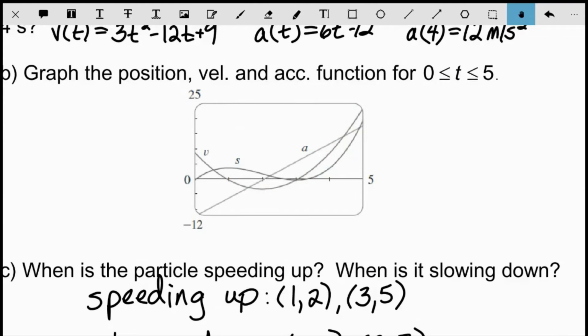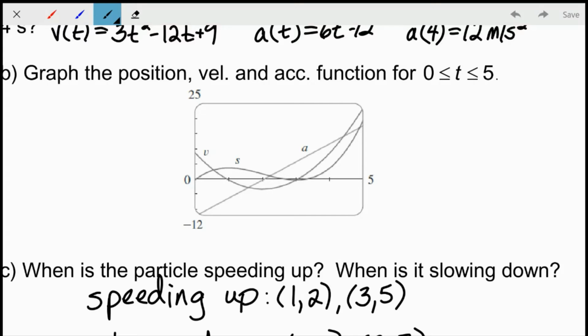But another way we can do this is to combine the information that we have with the velocity and the acceleration. And to do this, what we really want to be thinking about is vectors. When we think about vectors, think about the direction that a vector points in, if it's positive or negative. So a positive or a negative is going to point in opposite directions.